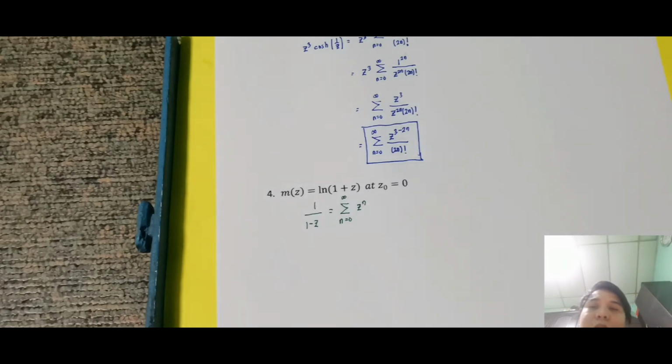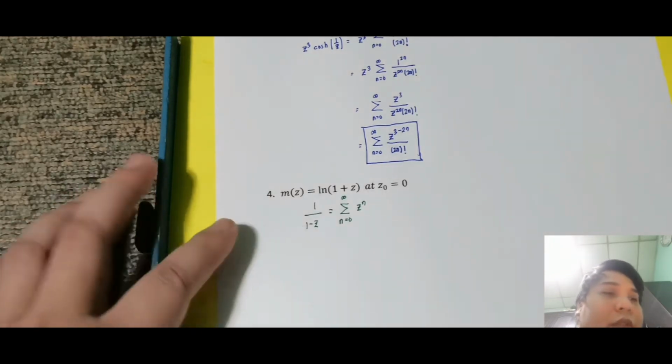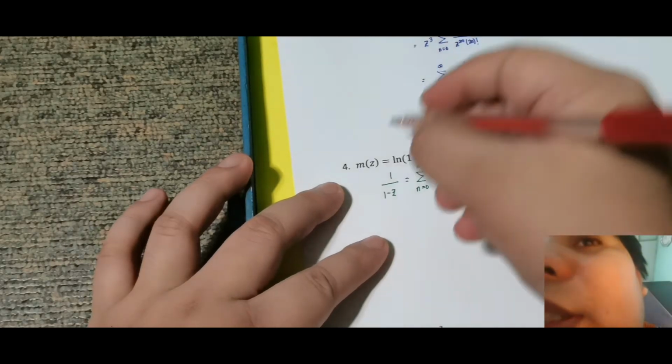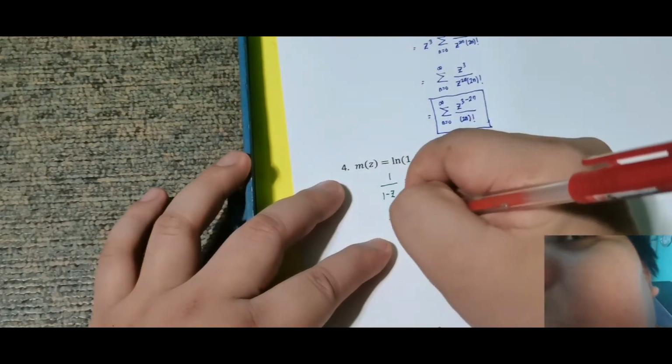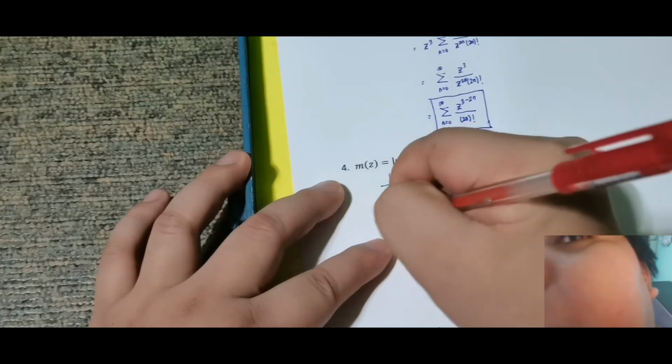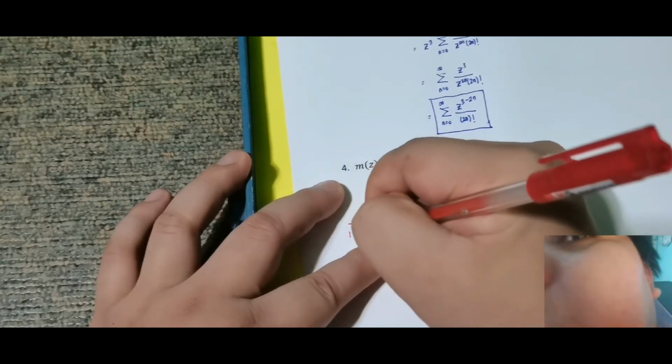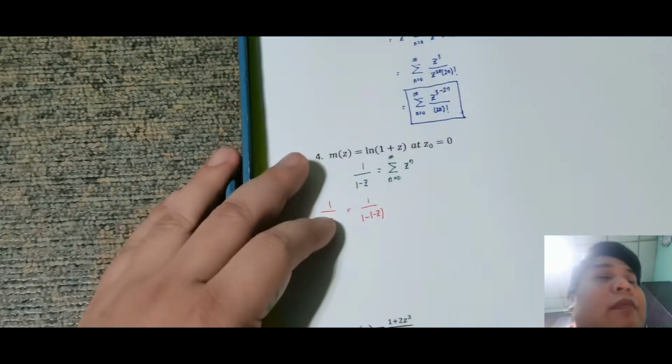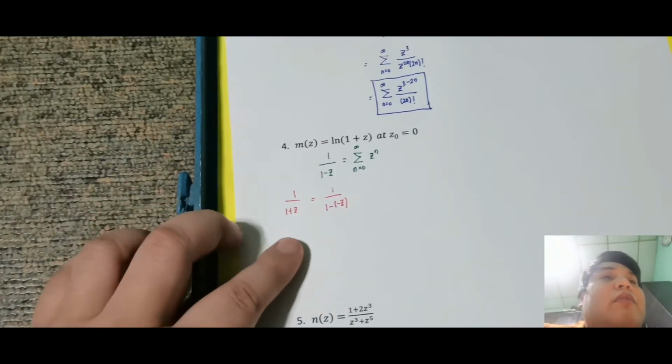So, I think dapat siya ay negative z. Kung gagawin natin negative dito, so meaning ang gagawin ko, ito ay i-evaluate ko yung 1 minus negative z kasi siya yung 1 over 1 plus z. Tama?